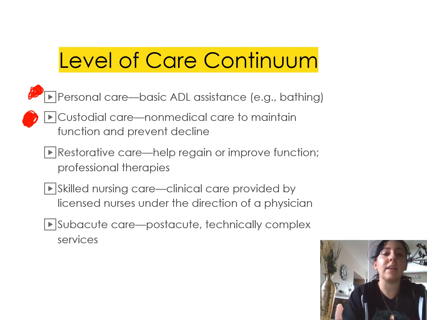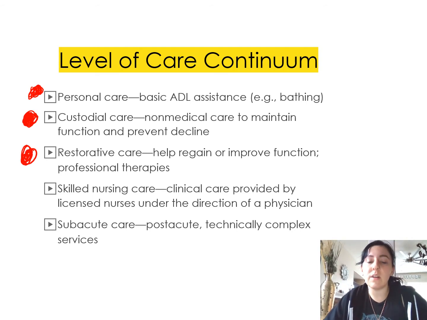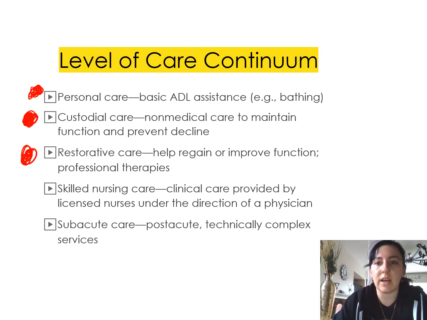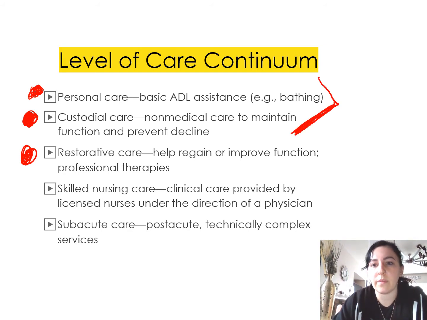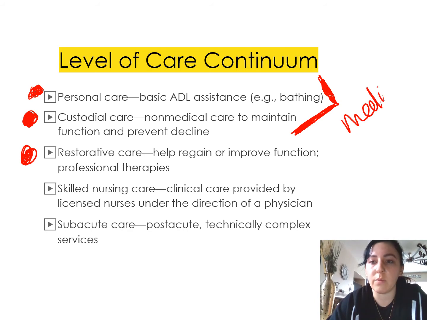And then next up we have restorative care. Okay, so restorative care is more like rehab level care. I forgot to also tell you that these first two are not going to be covered by Medicare. Medicare will not cover this because Medicare will only cover things that are medical related and rehab related.